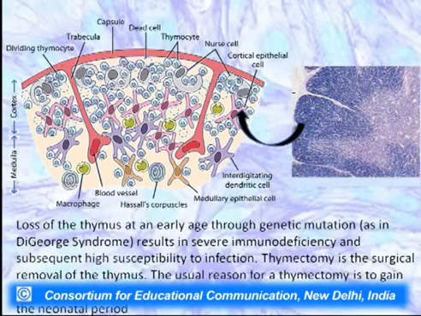Thymectomy, as I just told you, is the surgical removal of the thymus. Most of the time, thymectomy is done in the neonatal stage because the thymus is so big that it is engulfing or covering the entire heart. To access the heart, some part of the thymus, or generally the entire thymus, is removed. This process is called thymectomy.